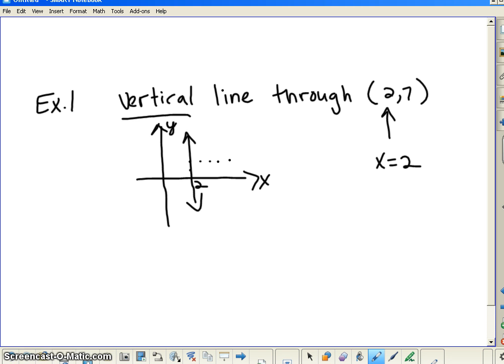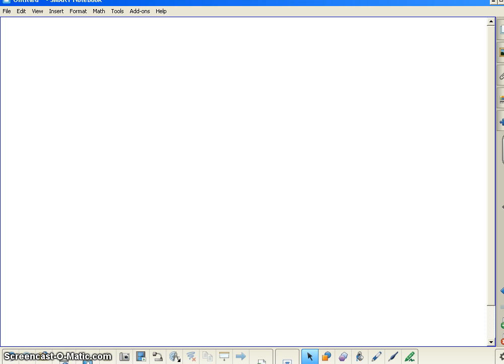What line? Undefined. 0 is going to be horizontal. This slope would be undefined, okay? Okay, for 2.